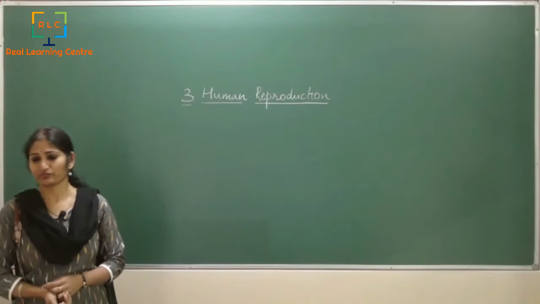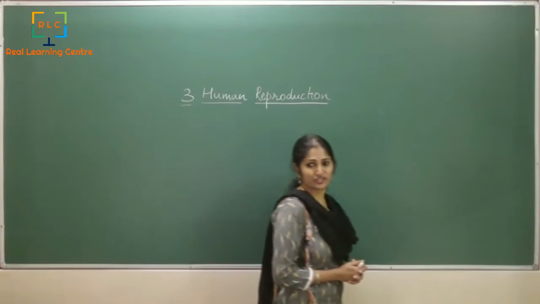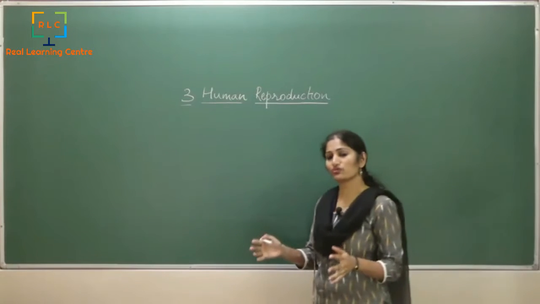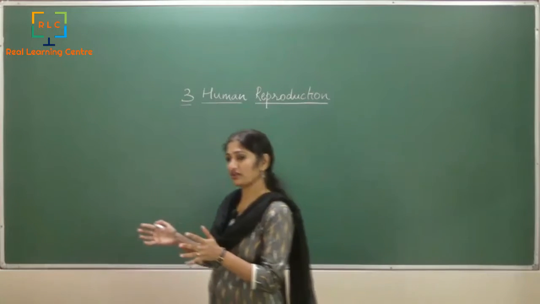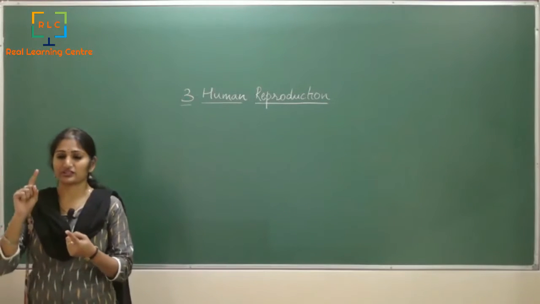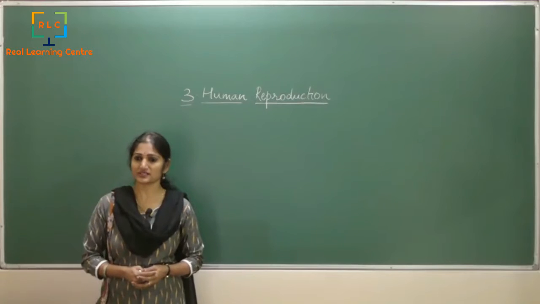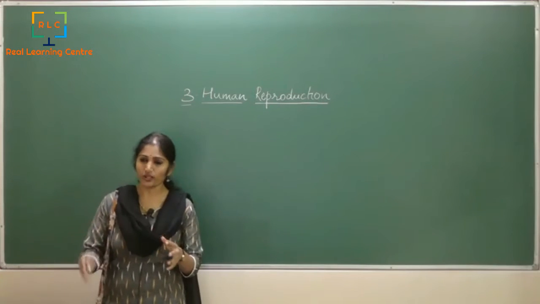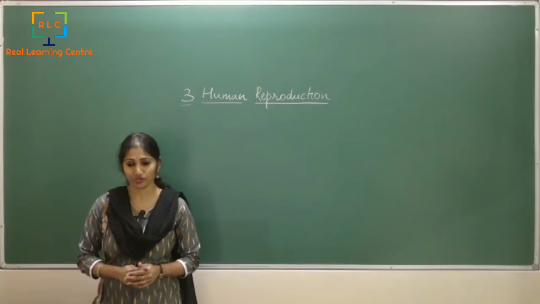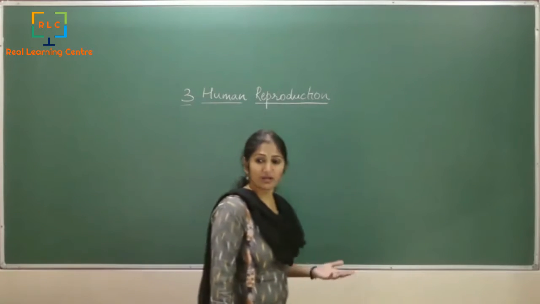The second important thing about human reproduction is that it is considered to be one of the highly evolved methods of reproduction. You see that the synchrony that we were talking about in the case of plants is so well structured and maintained in all the vertebrates, and more so in mammals.